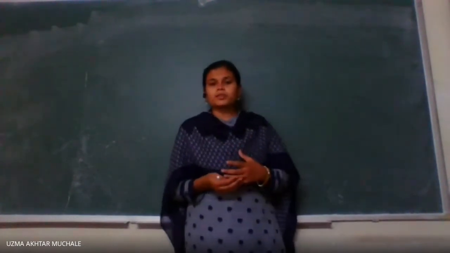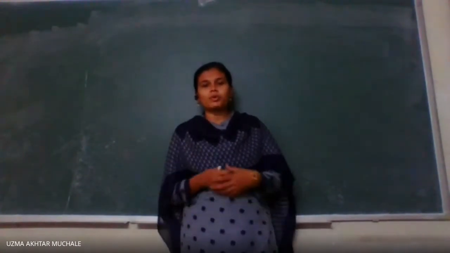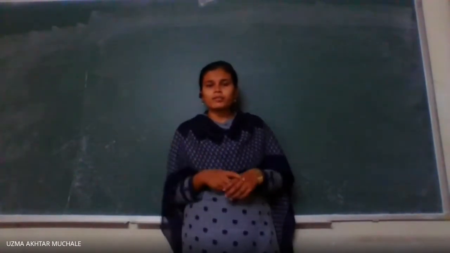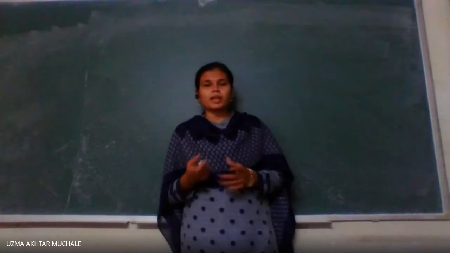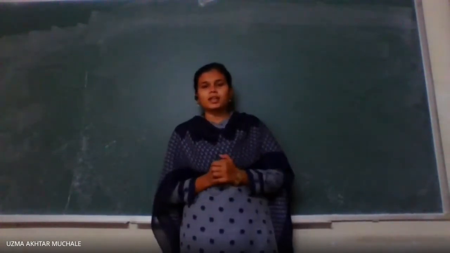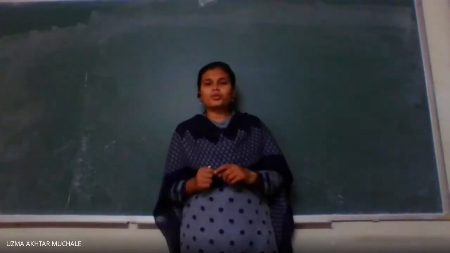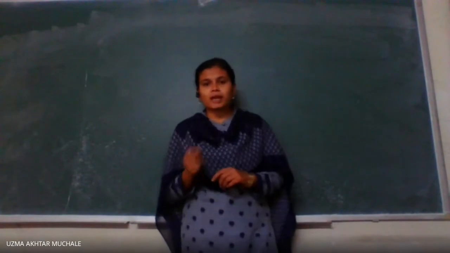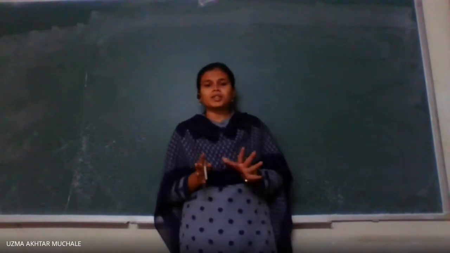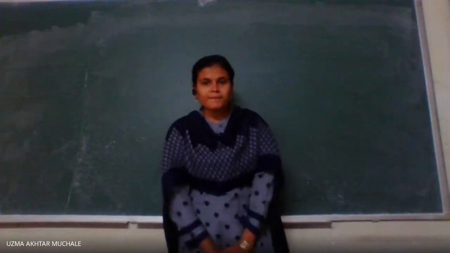Suppose some student or any other non-mathematician asks you, while defining a dot product, why did you take cos theta? At that time, you are going to say that this is in the book, so that's why we studied it like this. This is not the answer, no? So you should know the reason behind every definition. I am not saying that you should challenge the definition, you should know the definition first. Correct?